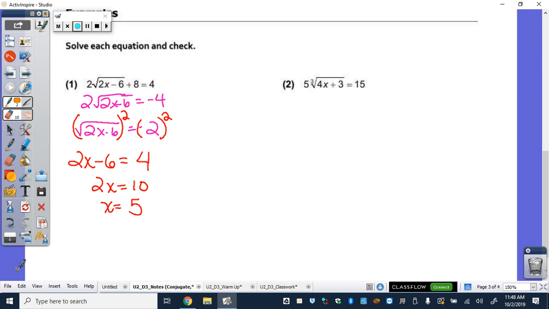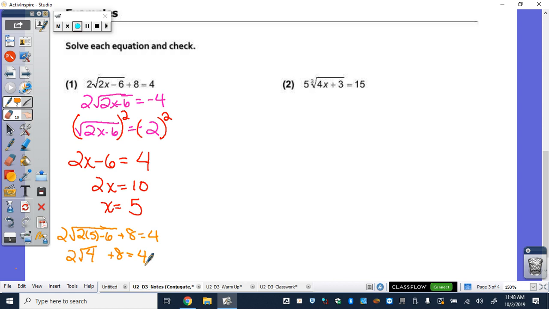So now we have to do a check. So as I said, a lot of times radical equations, the answers don't work out. So if I go and I plug my 5 back in, two times 5 under the radical gives us what? 10, and then minus the 6 makes that a 4 under the radical sign.